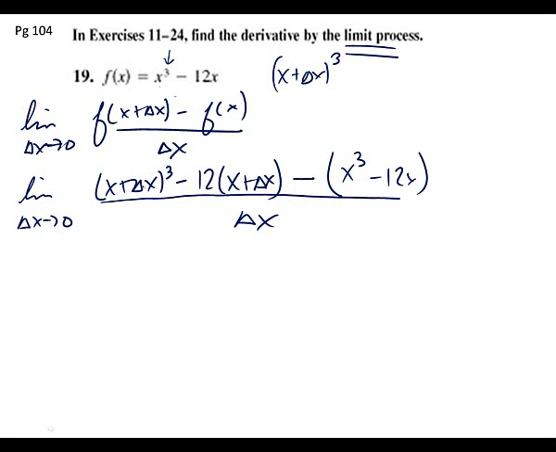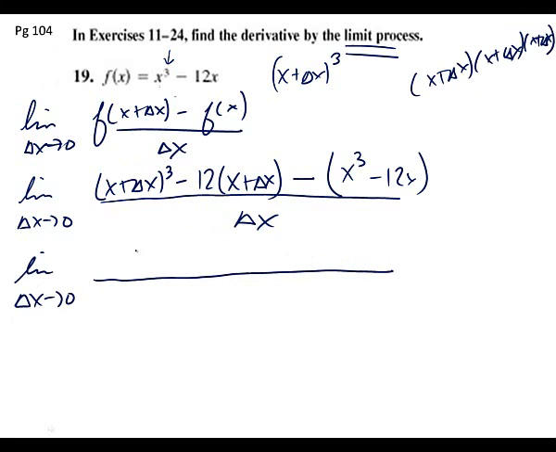So the next thing I need to do is cube this, which means I have to multiply x plus delta x times x plus delta x times x plus delta x, which is kind of a pain. We've done it before, and it's just an algebraic process, so we're going to read that piece out of our notes. I know it starts with an x cubed, plus 3x squared delta x, plus 3x delta x squared, plus delta x cubed.